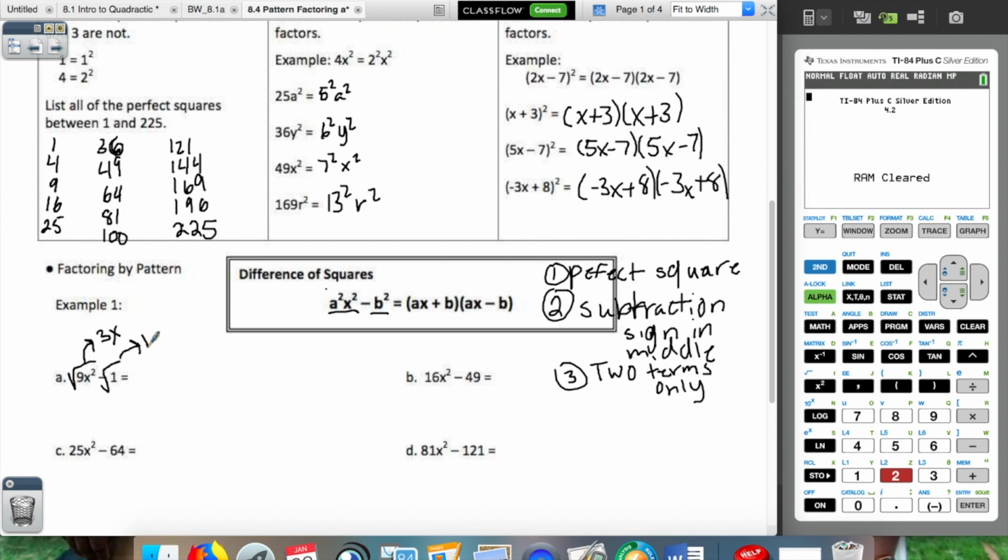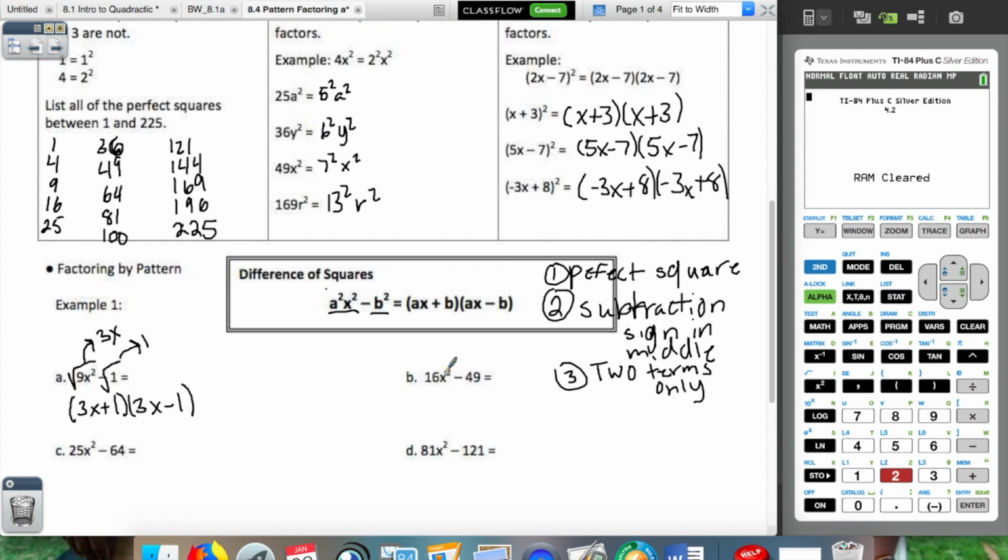You're right, it's 1. So that means we'll have 3x plus 1 and 3x minus 1. Essentially, we take the square root of the first one and the square root of the last one, and set up two parentheses, one with a plus sign in between and one with a minus sign. Pretty simple.